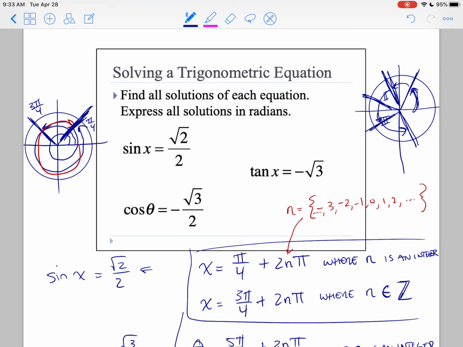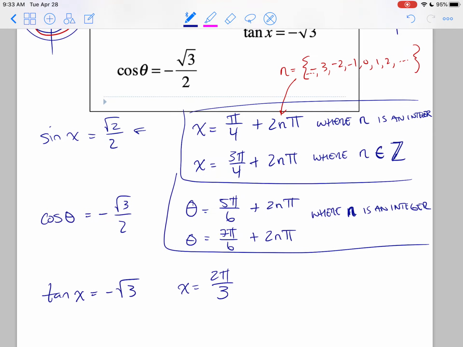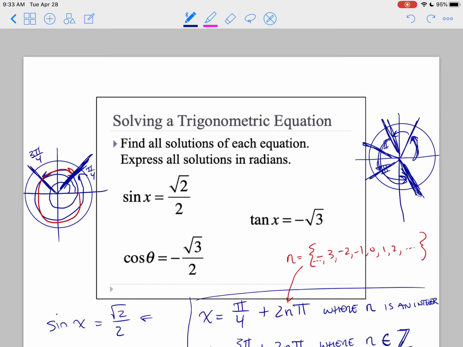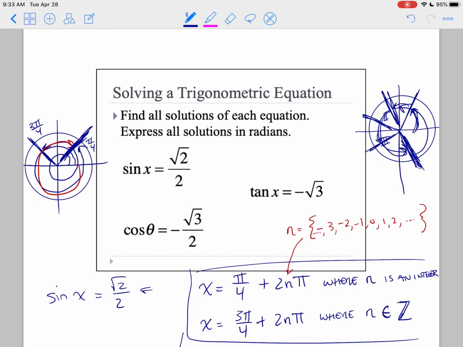But pi is the period for tangent, and so I don't need to think of this as a separate angle. So 5 pi over 3 also works, but if I just add n pi to this, since pi is the period for tangent, this covers 5 pi over 3, and then it covers the next time around, and then the next time around, and so on and so forth.